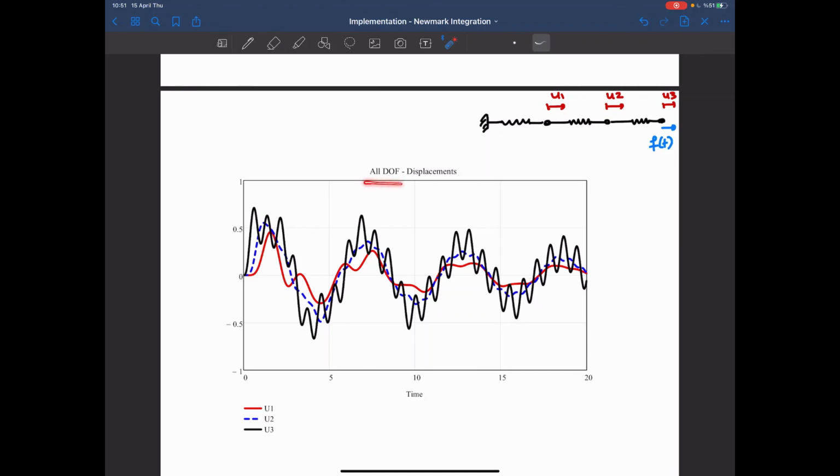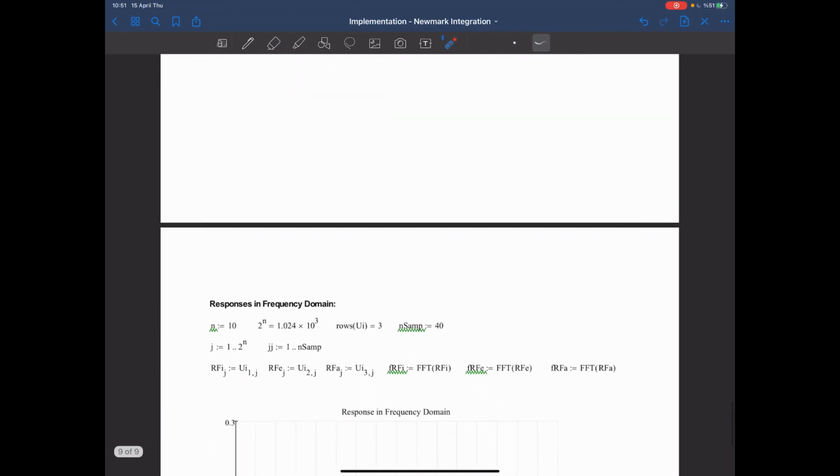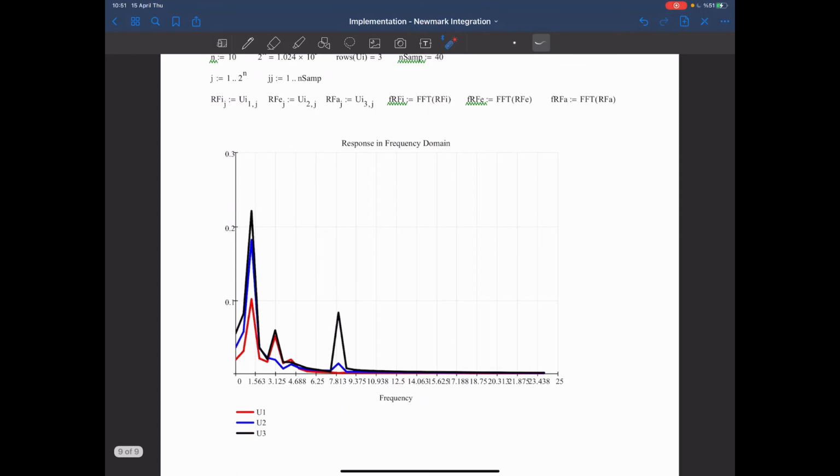These are the displacement responses. Now let's take a look at the response in the frequency domain. Again, I'm plotting it this time for U1, U2 and U3. So the first mode is effective in U3, and the effectiveness of the first mode decreases as you go to U2 and U1. As expected, I see the high influence of the applied force in the third degree of freedom.